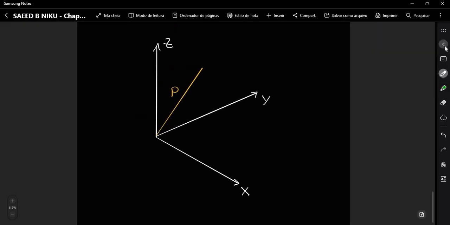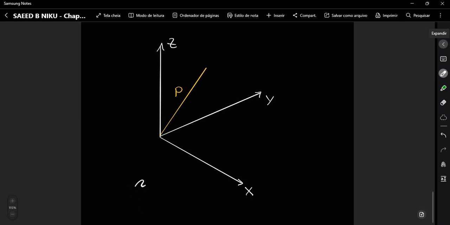You also have to get the sense of the views right here. Let's say this is an eye, and we are looking at the ZX plane.